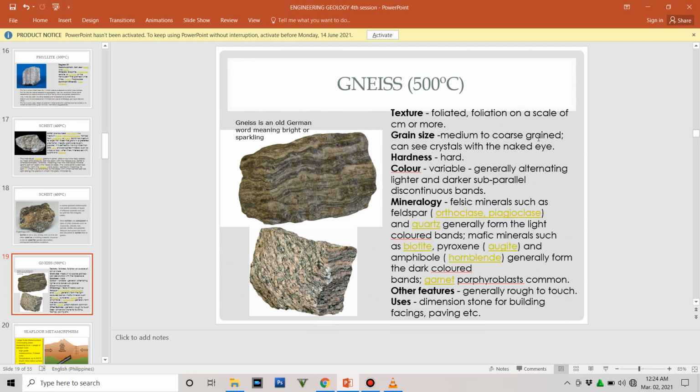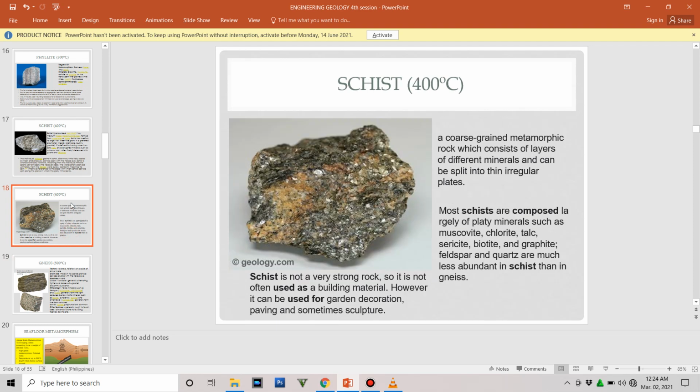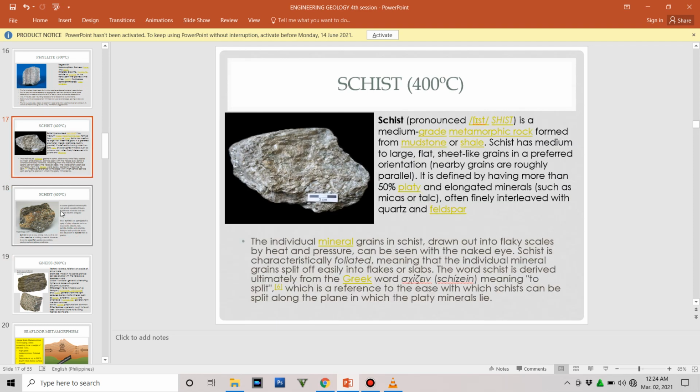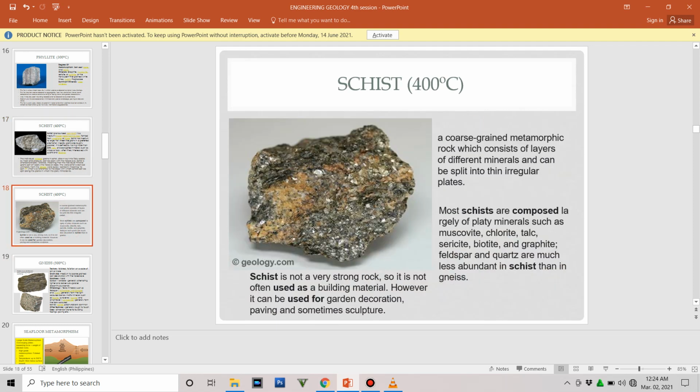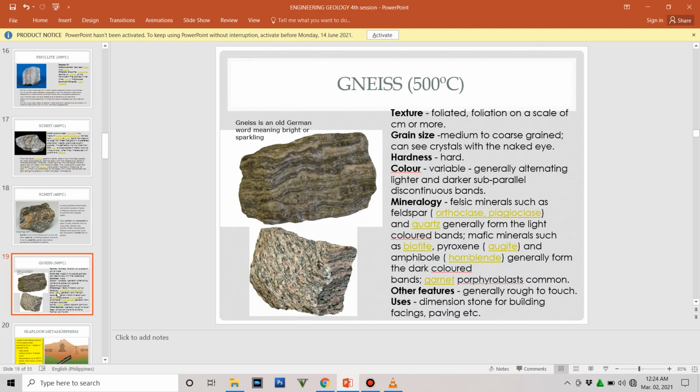Unlike yung schist kanina, it is obvious that this is a coarse-grained metamorphic rock. Ito naman, hindi gaano magaspang. Okay? Medium to coarse-grained.